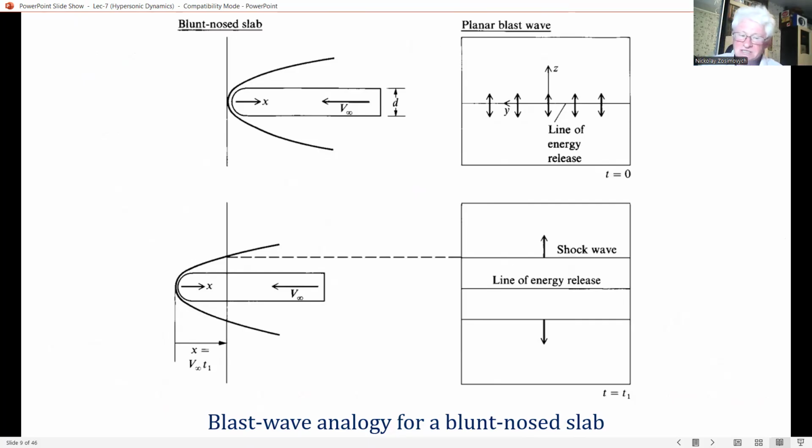In this application, the blast wave results provide pressure distributions on the flat surface downstream of the blunt nose, as well as shock wave shapes in the same region. The pressure distribution and flow field in the nose region itself is quite another problem and is not provided by blast wave theory.